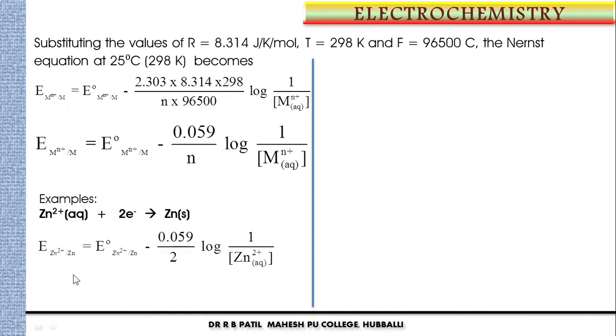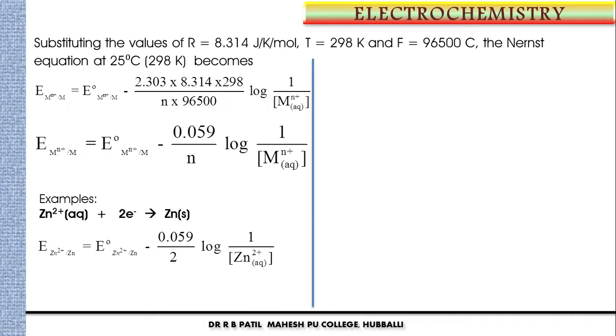That is equal to its standard electrode potential minus 0.059 over n. The number of electrons gained here is 2, so n is equal to 2, times log. Actually I should write molar concentration of the product divided by molar concentration of the reactant, but the molar concentration of a solid is equal to 1. Directly I have written 1 divided by the molar concentration of Zn2+ ion.